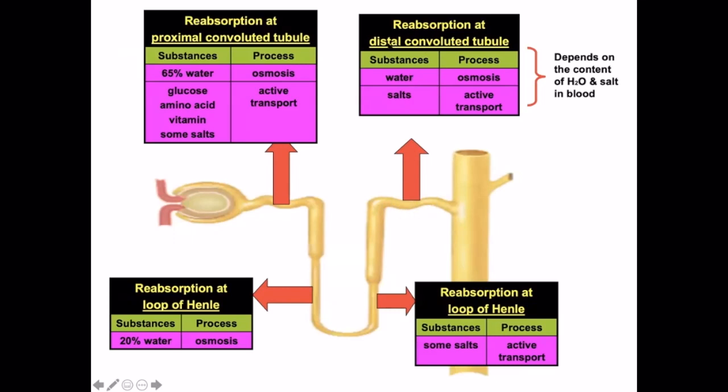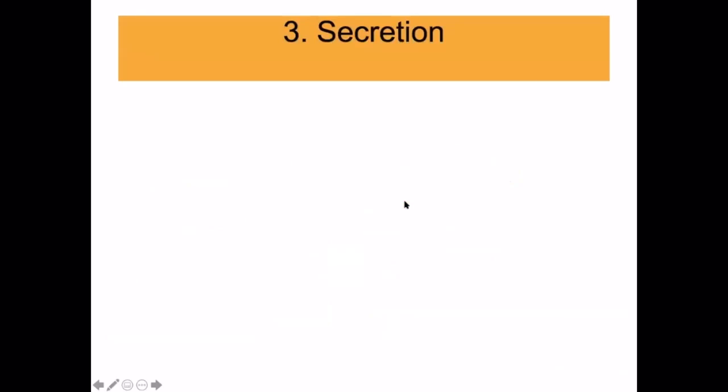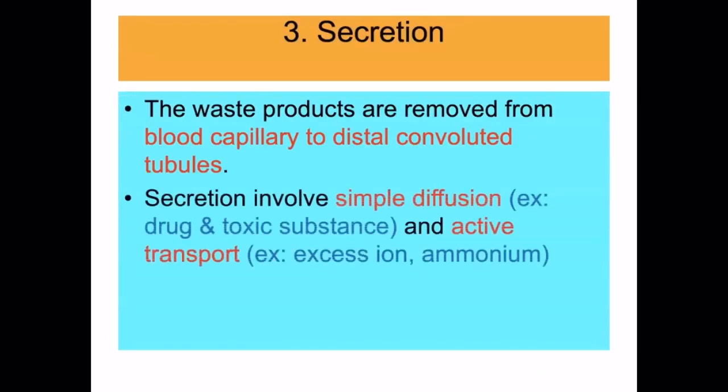Remember, for the distal convoluted tubule, two processes happen. The first one is reabsorption, the next one is secretion. Secretion is where the waste product, for example urea, is taken from the blood capillary to the distal convoluted tubule here. The secretion involves simple diffusion, for example drugs and toxic substances.